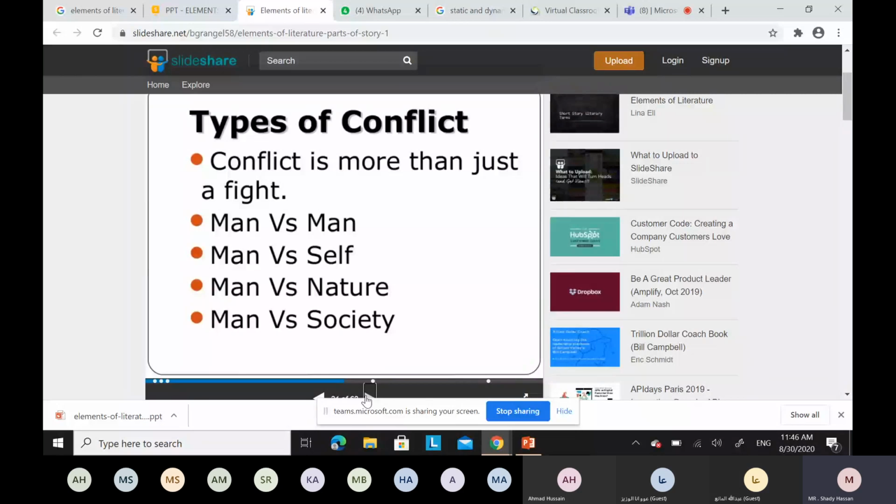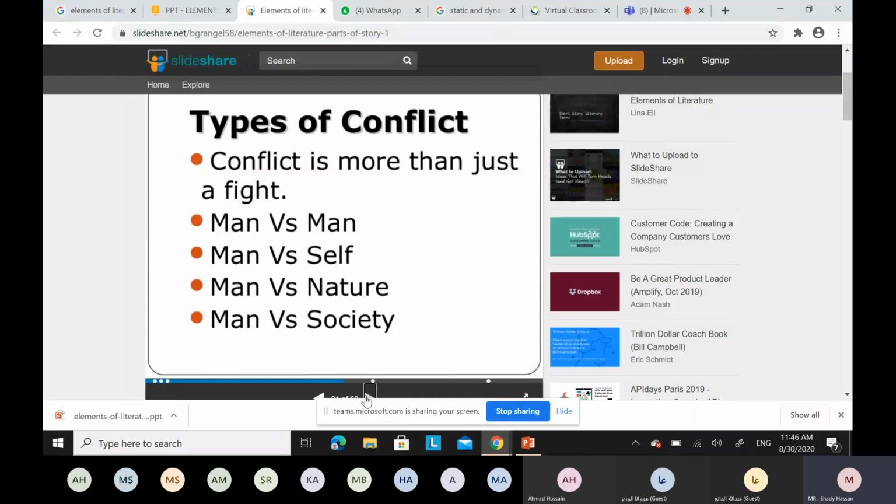Is it good? Is it bad? He doesn't know. So that's why he said, "To be or not to be, that's the question." He meant to kill himself or commit suicide, or no? Because he hesitates. So here I've got a conflict inside, a struggle inside the one character, Prince Hamlet.